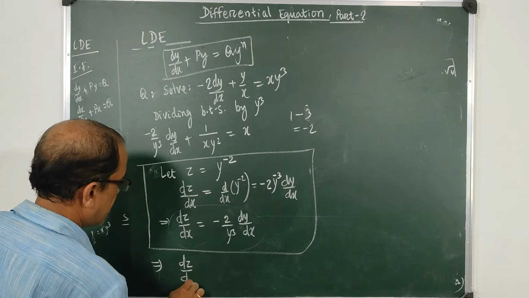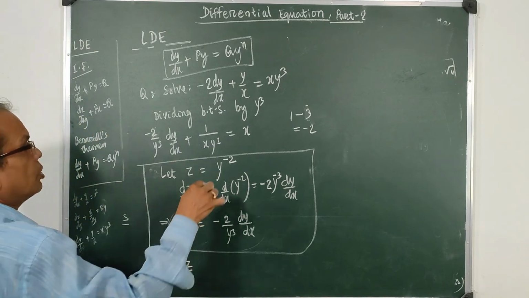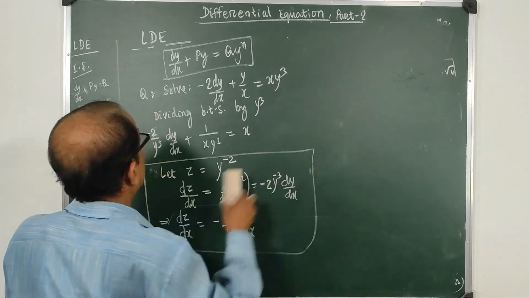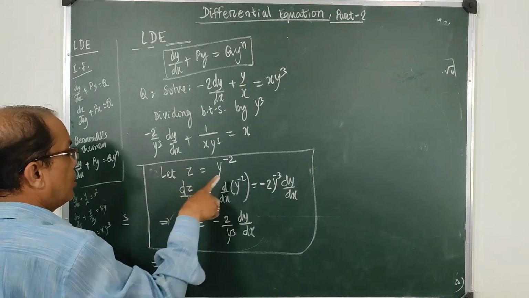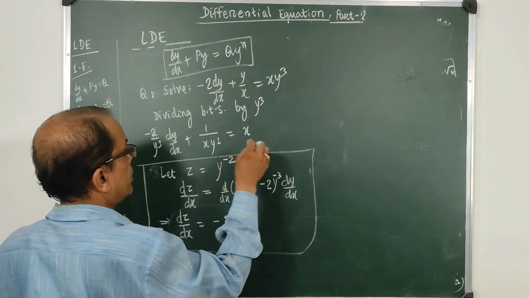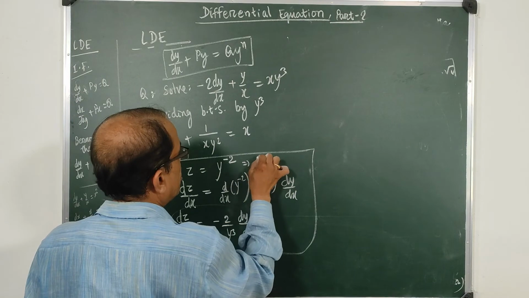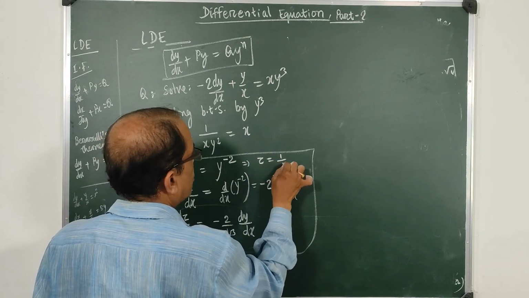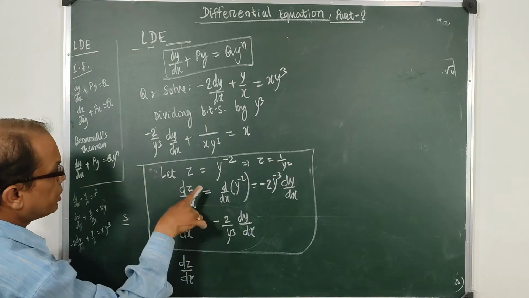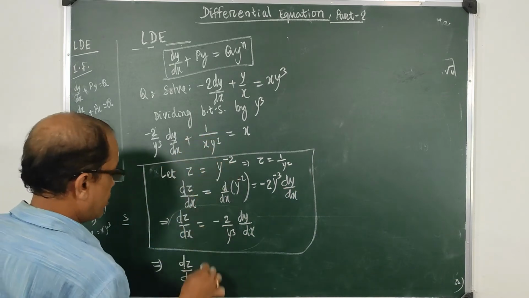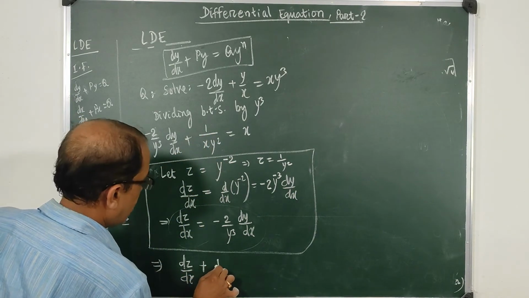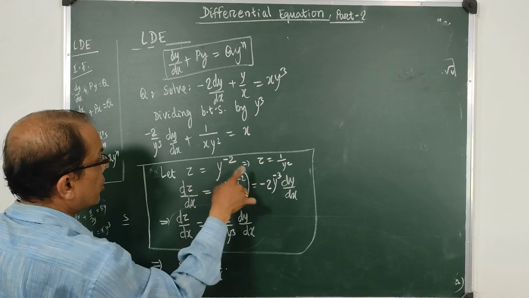dz by dx, the first term. The second term, in which we know that we have taken y to the power minus 2 is equal to z, means z is equal to 1 upon y square. So here there is a 1 by y square, so we can write 1 by x into 1 by y square is z.